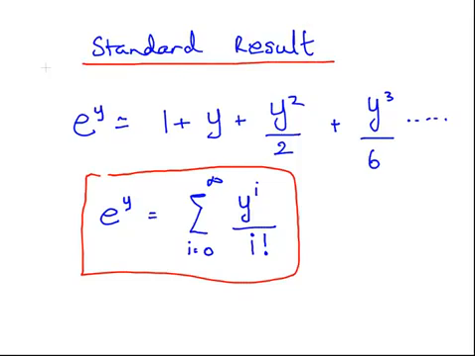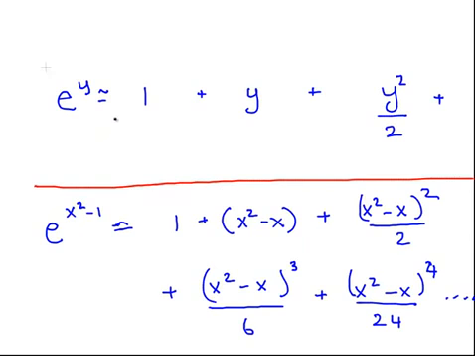The general term there is y to the power of i over i factorial, starting from 0. So, y to the power of a number over the factorial of that number.